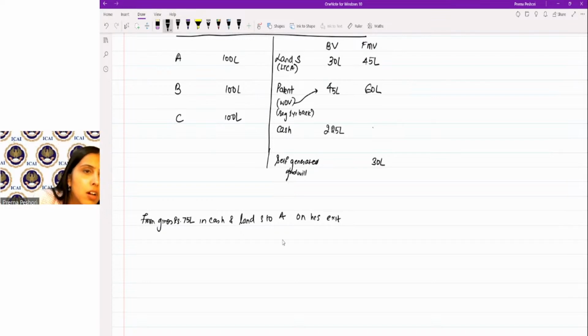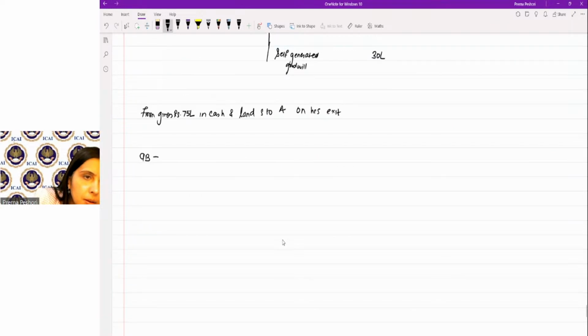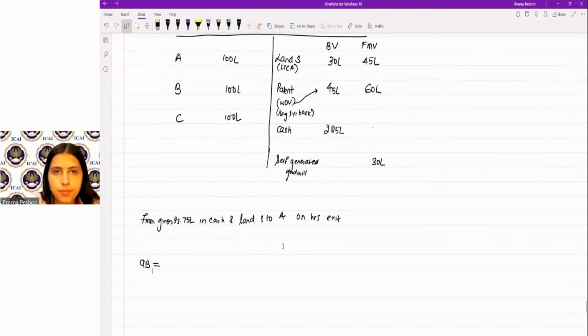So first of all, what will be my 9B? Let's assume index cost is 45 lakh.